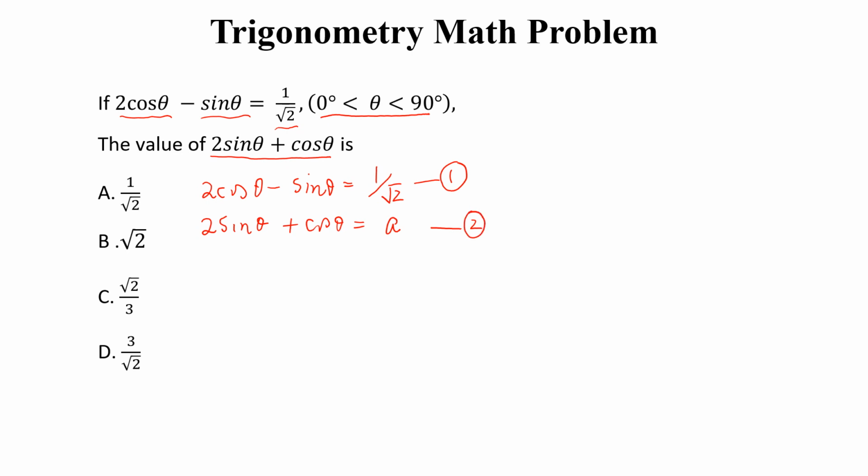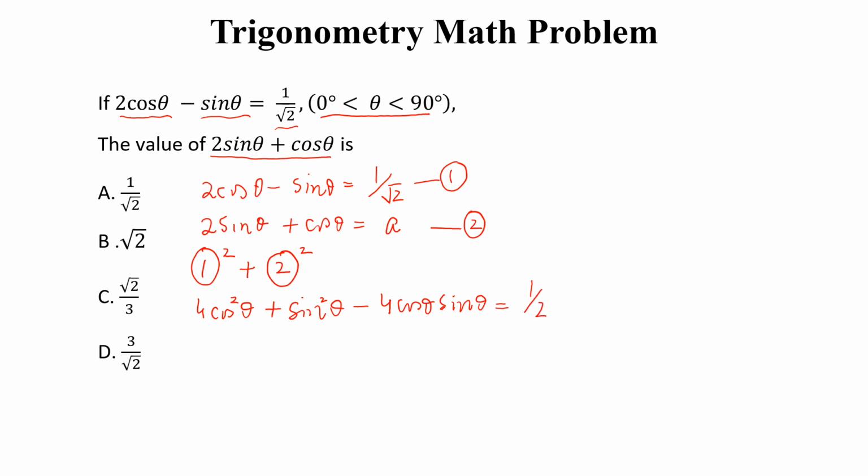Now squaring equations 1 and 2 and then adding, we will get 4 cos square theta plus sin square theta minus 4 cos theta sin theta, and on the right side we will get 1 over 2.